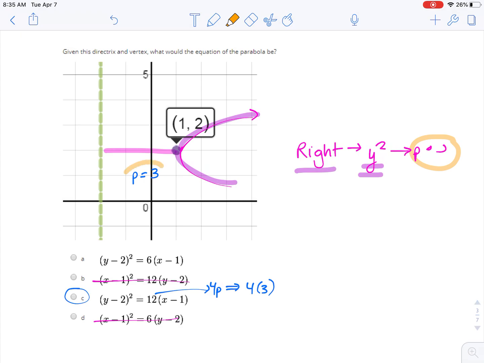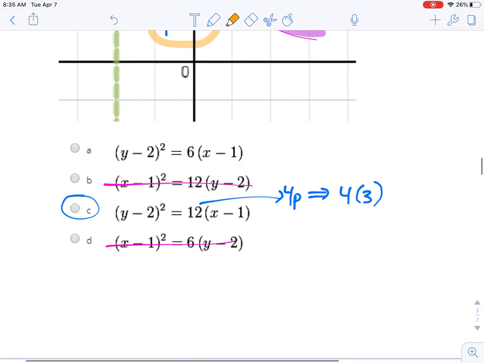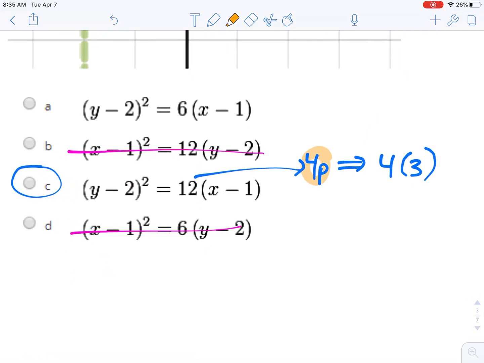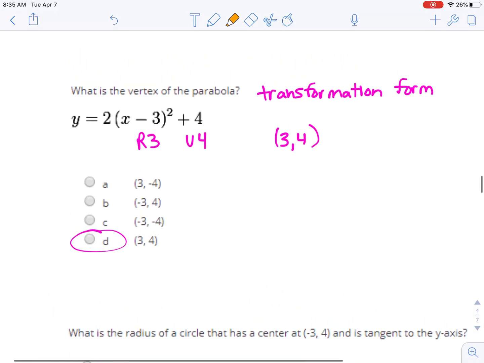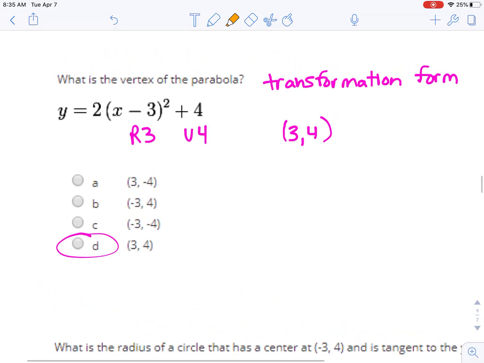And then I found my p value. P is the distance from the vertex to your directrix, which is a length of 3. But then our formula says 4 times P, so 4 times 3 is 12.